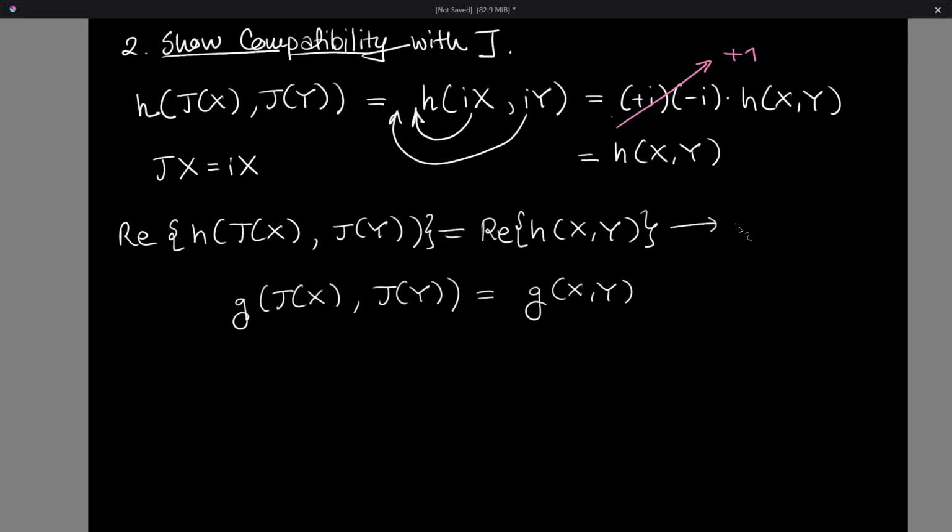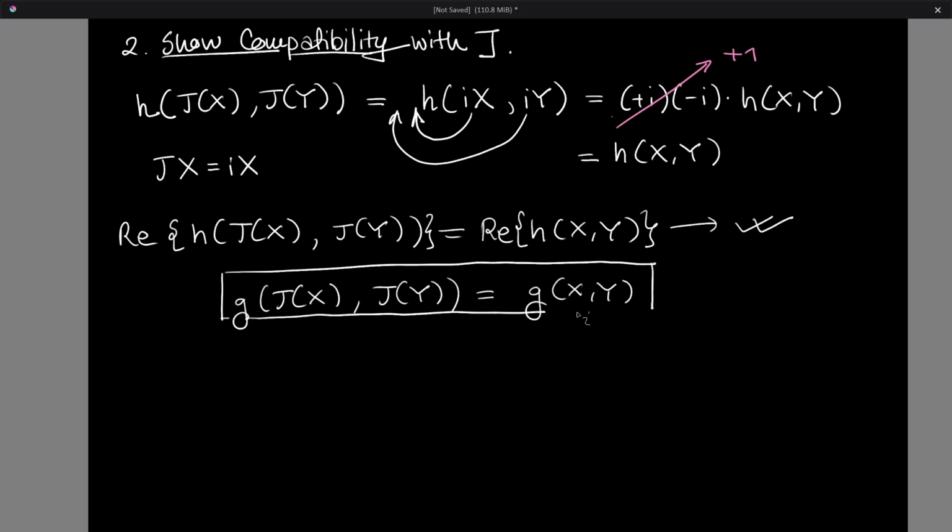Now, this is true all the time, because the Hermitian metric is always sesquilinear. Not all Riemannian metrics will satisfy this relationship. One way to make it satisfy this relationship is to induce it from a Hermitian metric.